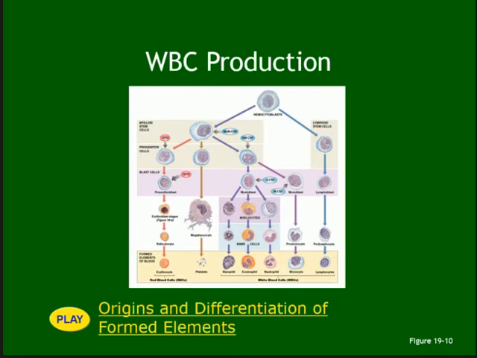Lymphoid stem cells will make lymphocytes only. Anything else comes from the myeloid stem cells. Red blood cells, yes. Platelets, yes, they come from the same origin. White blood cells, yes. The only exception that does not come from myeloid stem cells is lymphocytes. They come from their own origin, which is lymphoid stem cells.